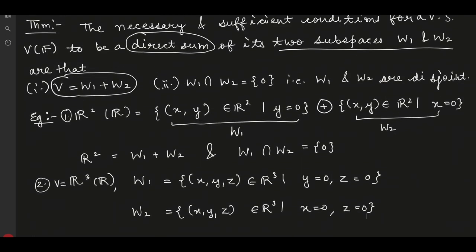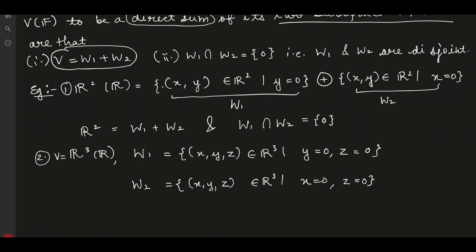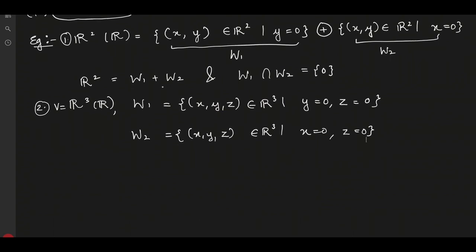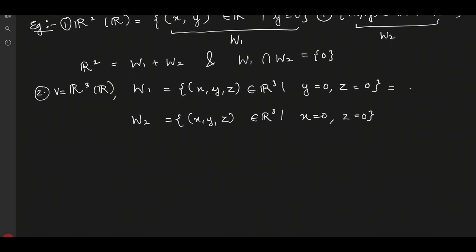Both the conditions of this theorem should be satisfied. Are you sure they are disjoint? These are of the type (x, 0, 0) and (0, y, 0). So their intersection will be of the type.